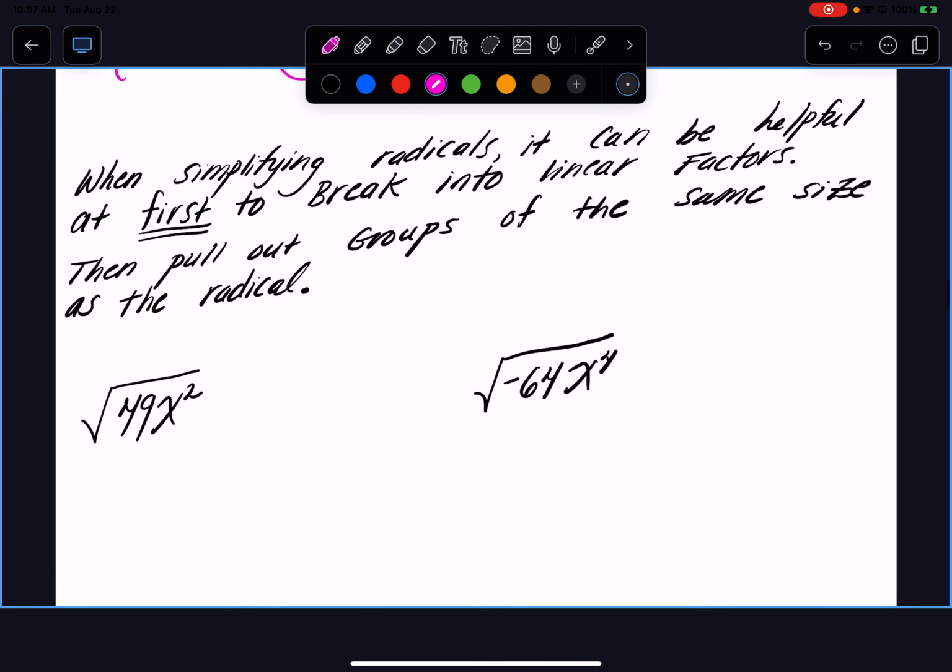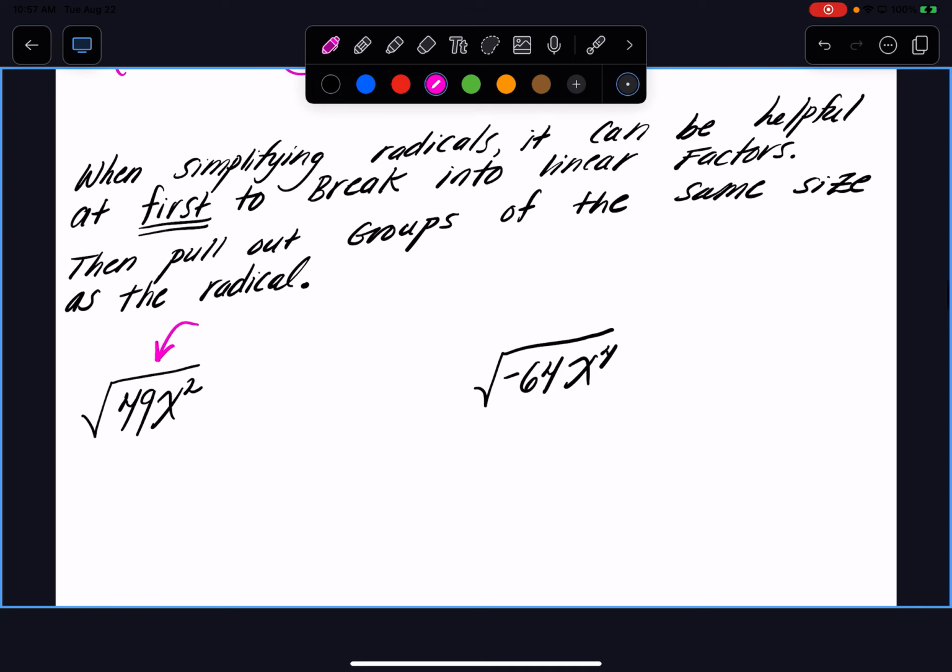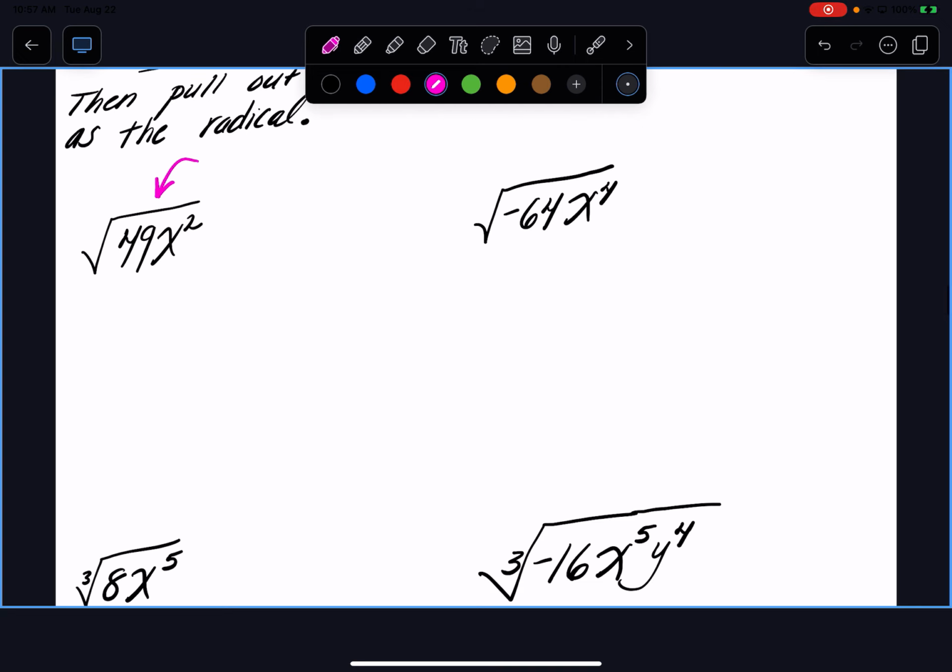We're just simplifying radicals. All right, so everybody, here we go. If you're going to do this the most basic way, the easiest way they recommend is breaking it down into its linear factors. That means factoring it clear down. Factoring, by definition, means pulling it out to multiplication, its most multiplied form. So let's start with the square root of 49x squared.